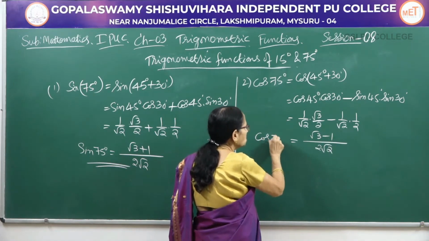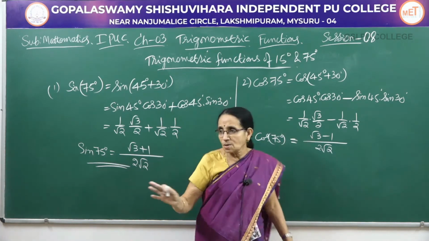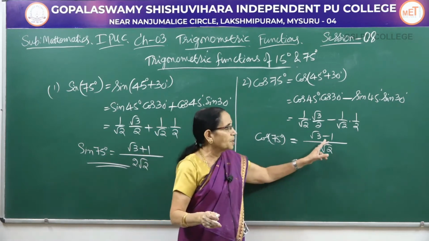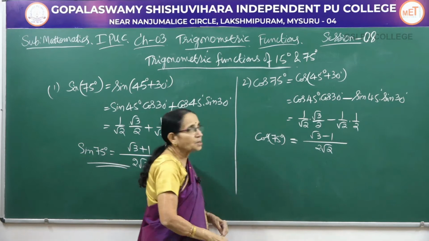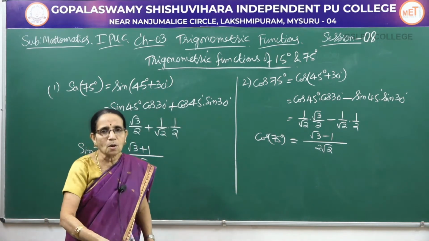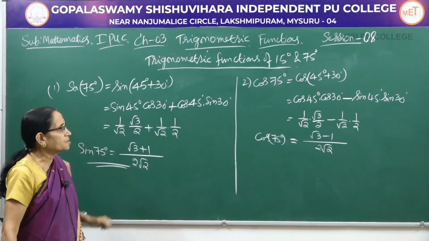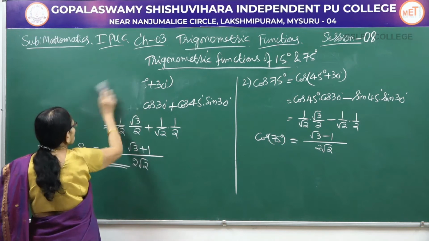So this is cos 75. You observe the same numbers are there: sin 75 has a plus, and cos 75 has a minus. So you have to be careful about the values. Sin 75 degrees is root 3 plus 1 divided by 2 root 2. Cos 75 is root 3 minus 1 divided by 2 root 2.